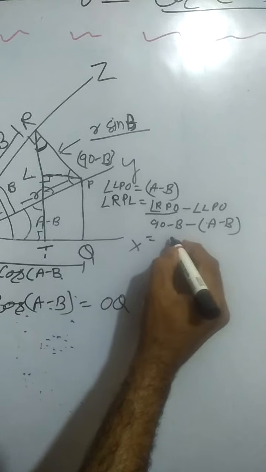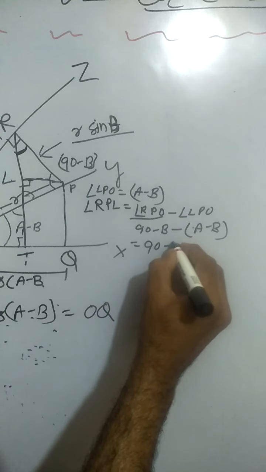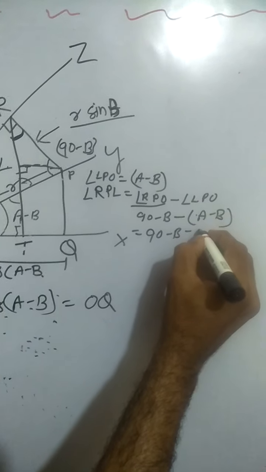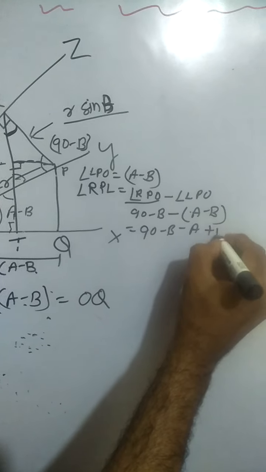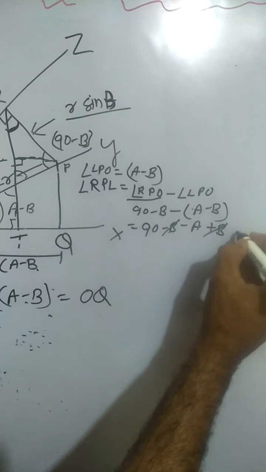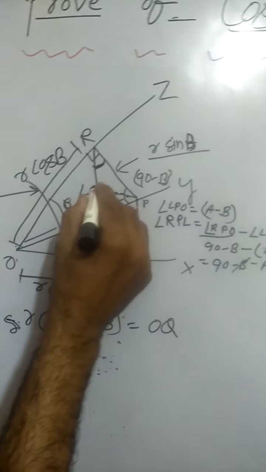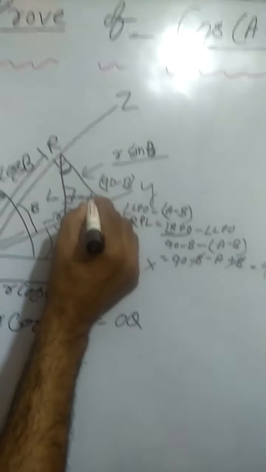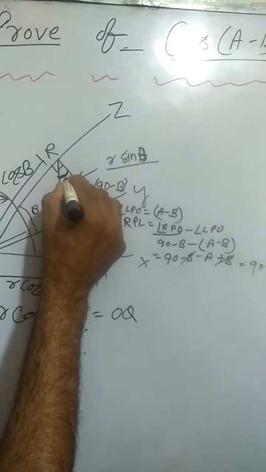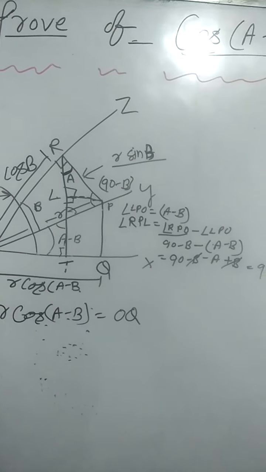Now solve: 90 minus B minus A plus B. B cancels with B. This is equal to 90 minus A, which is 90 degrees minus A. So this angle becomes A.